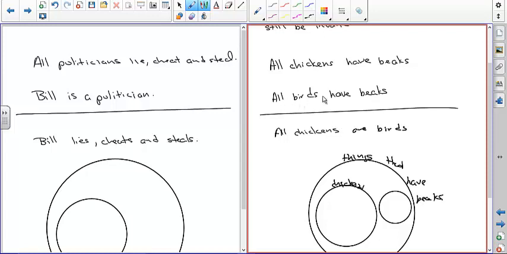The second one, all birds have beaks, so here are birds. And again, you can't use your knowledge of birds and chickens. You can only base this upon the words in the argument.